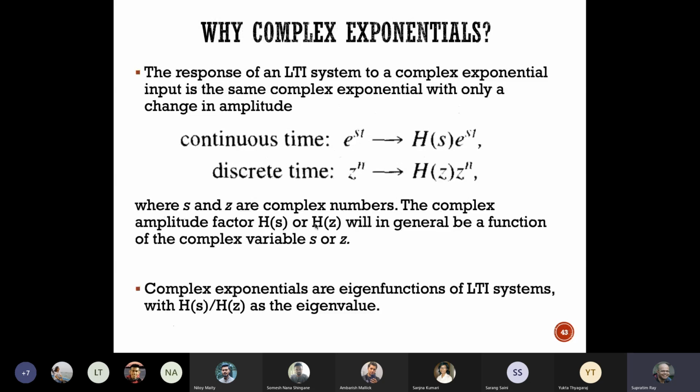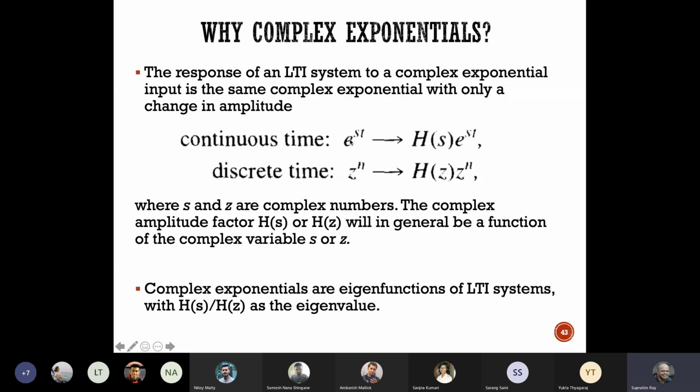The reason why these are interesting is because if you give a complex exponential as an input to an LTI system, the output is also the same complex exponential, just multiplied by some number. Okay, it's a complex number, so it has an amplitude and a phase.